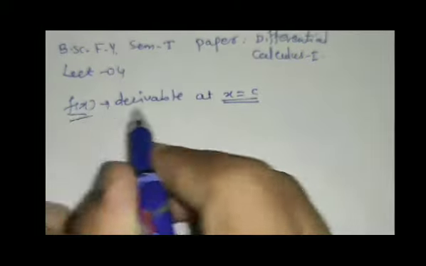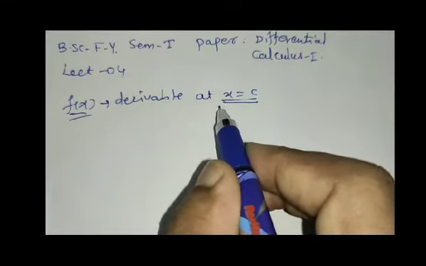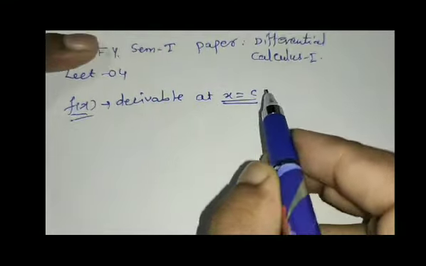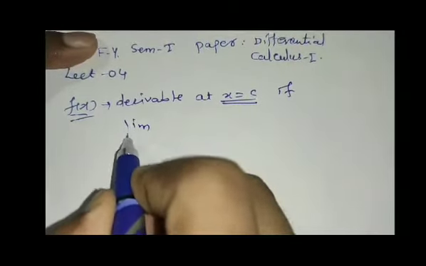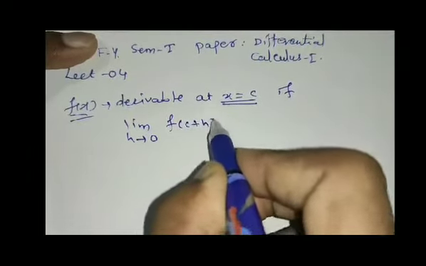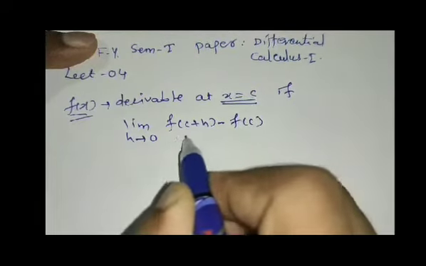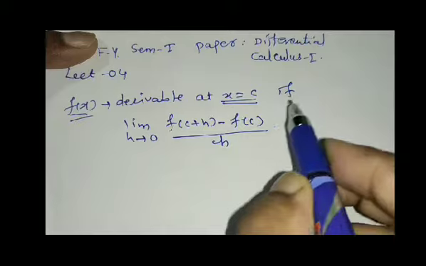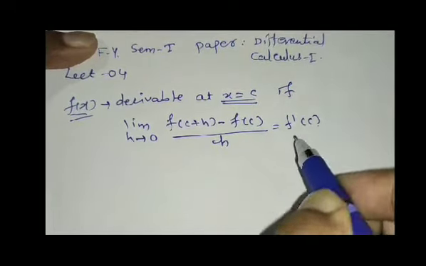So f of x is a function, and we say it is derivable at the point c, that is x is equal to c, if this limit exists: limit h tends to 0 of f of c plus h minus f of c divided by h, and we indicate this limit by the symbol f dash of c.